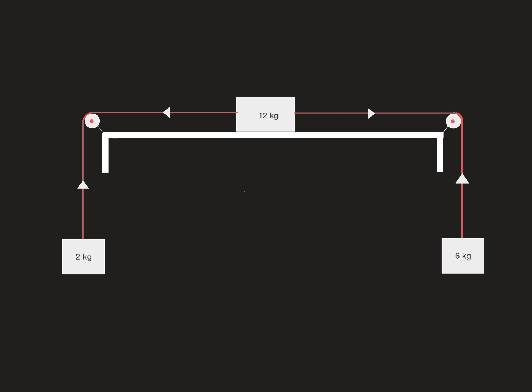Now, let me call the tension that is here T1, and the tension in the other string T2. So this will be T2.